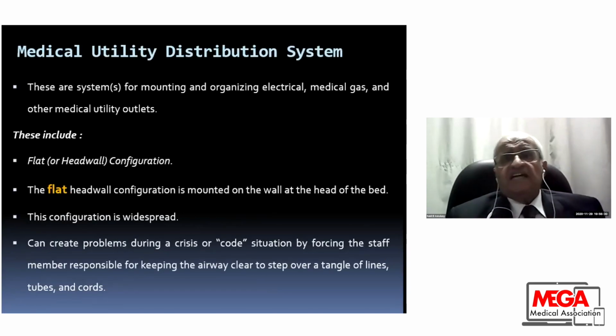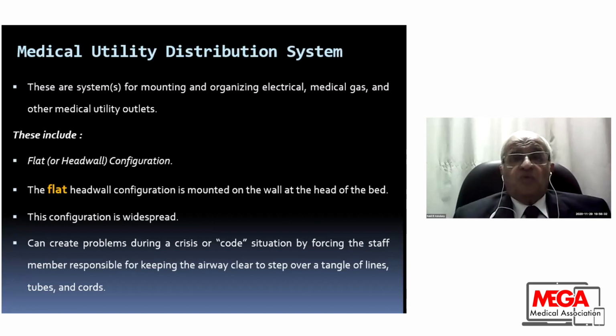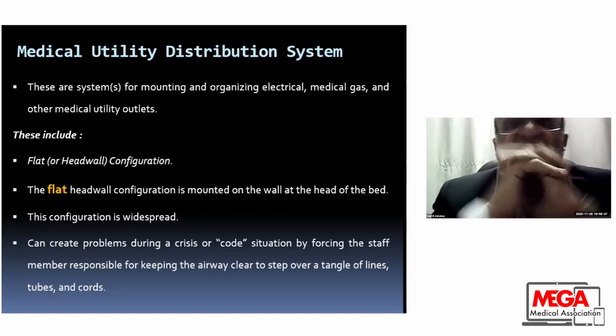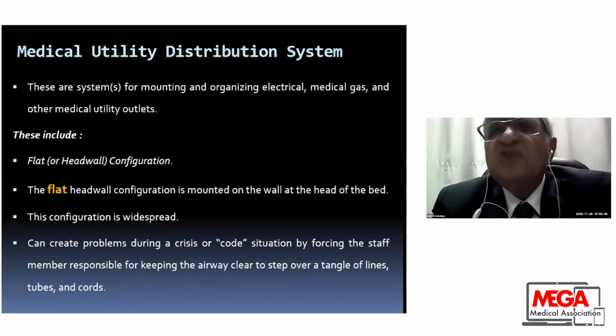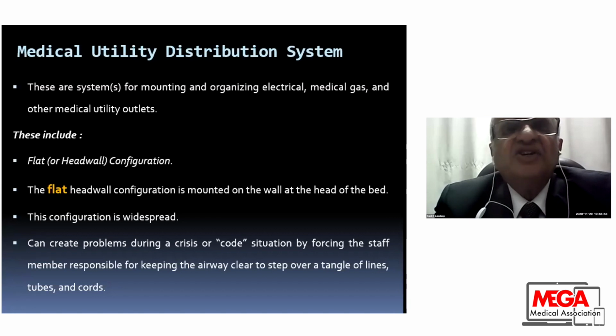As regards the medical distribution system, what is better? The flat head wall configuration, which is more common, or the booms attached to the ceiling and the ground? There are systems for mounting and organizing electrical, medical gas, and other medical utility outlets.